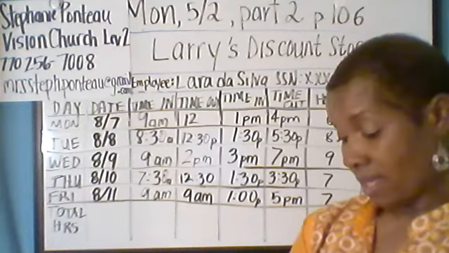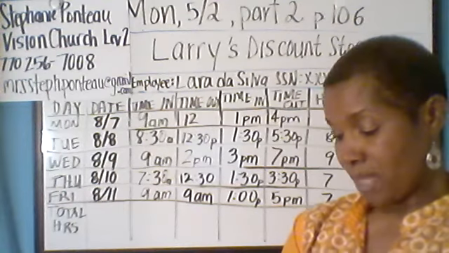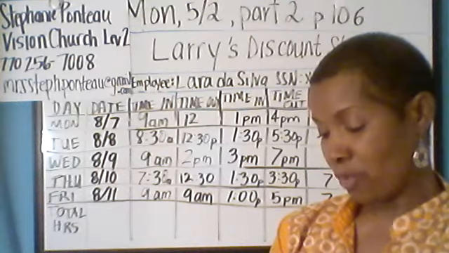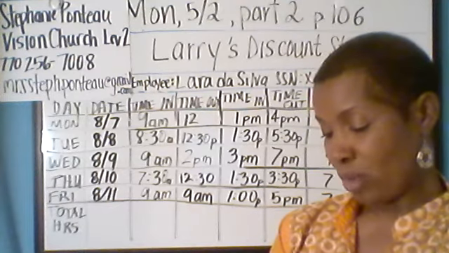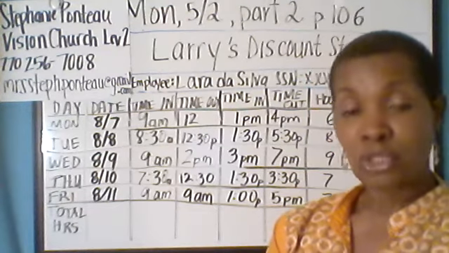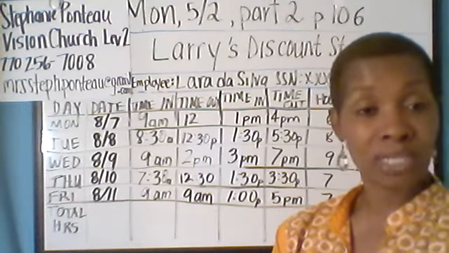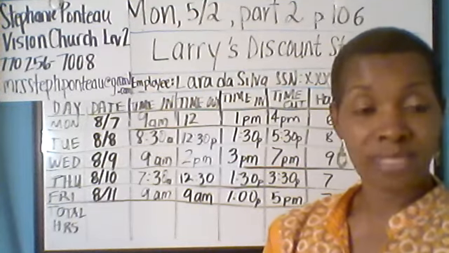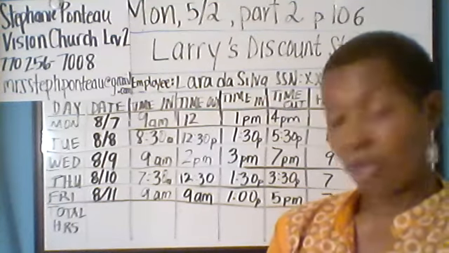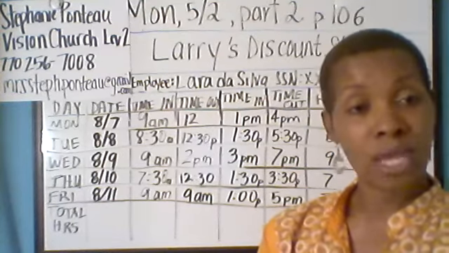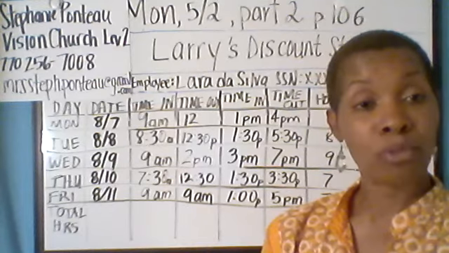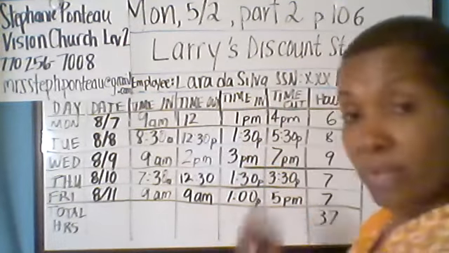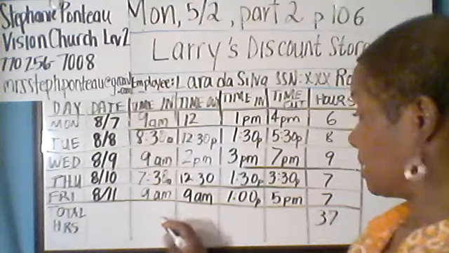And one thing that you notice if you look at the first time out column, it has 12 noon and then 12:30 p.m. So for noon, you can either say 12 noon or you can say 12 p.m. because the other 12 is a.m., that's midnight. So 12 p.m. is called noon, 12 a.m. is called midnight. So I'm going to write that down here at the bottom so you can see it.